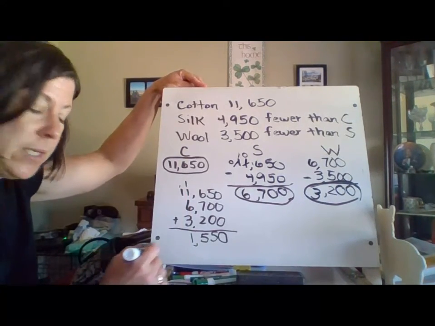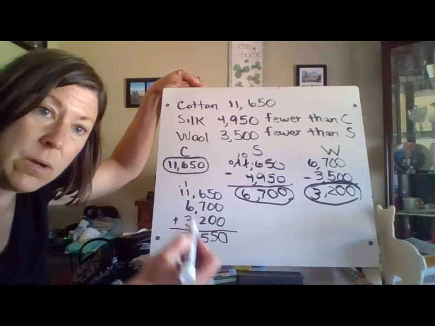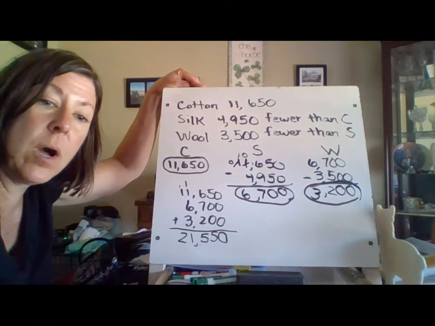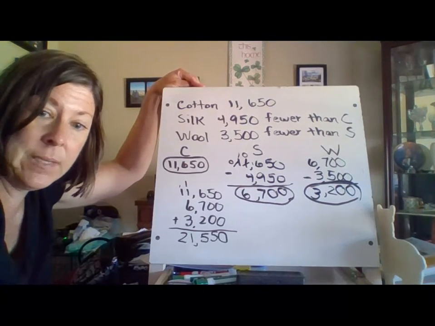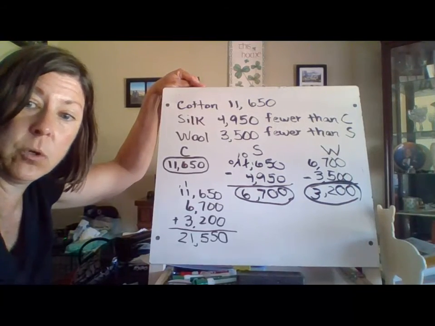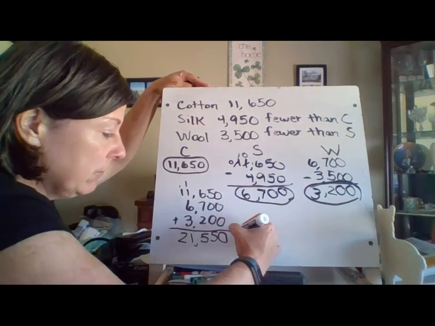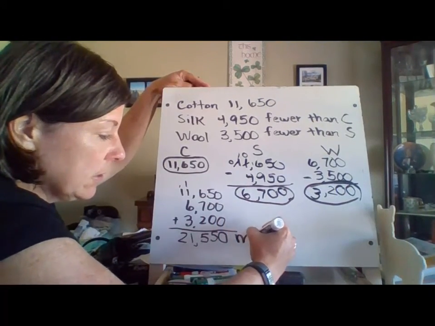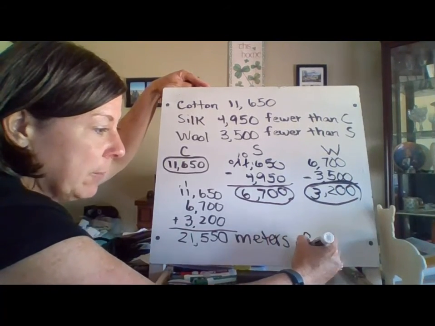And then 1 plus 1 is 2. So the total for all of the material, how many meters in all were used, is 21,550 meters of fabric.